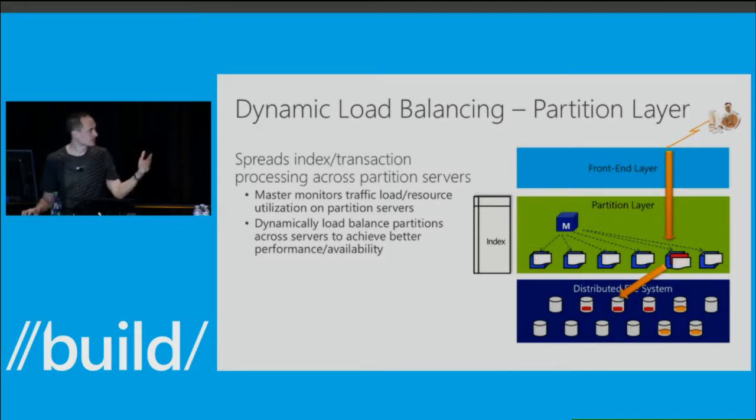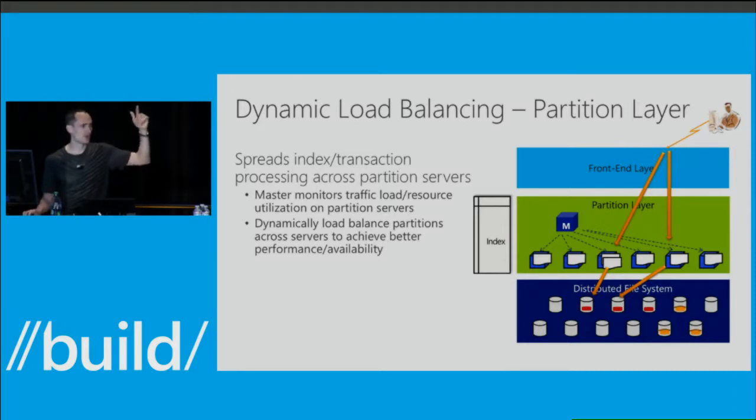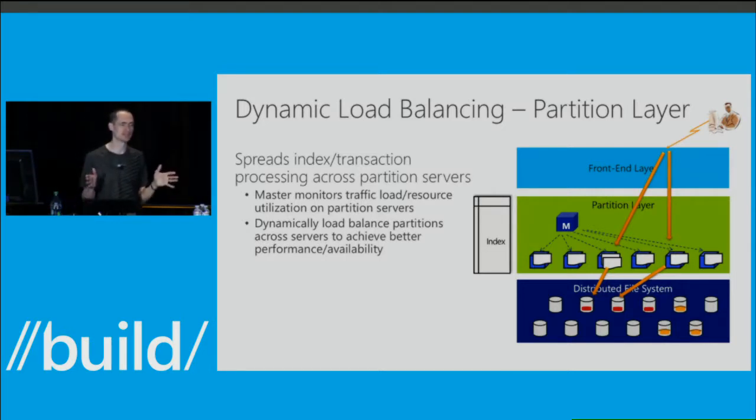We split this into two smaller range partitions, which represent the full bigger one, and then offload part of that index to a different server that's more lightly loaded. Once that's done, we update the partition map so that we know where to send the requests for that part of the partition range. The front end can then forward those requests to that new partition server, and that balances out the TPS load.